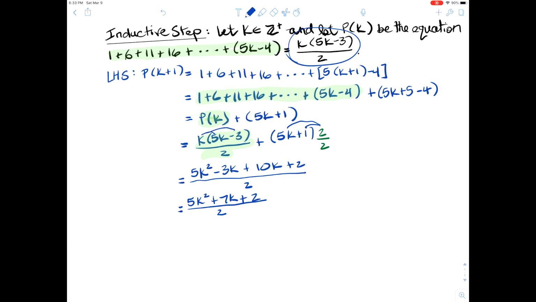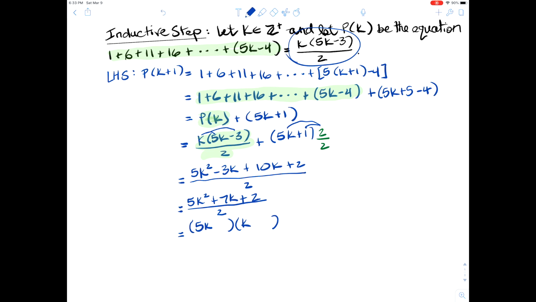And let's factor that one. So let's see. Oh, they're both prime, the A and the C of the quadratic expression. So let's see what we have. We've got 5K and K. So everything's being added, right?